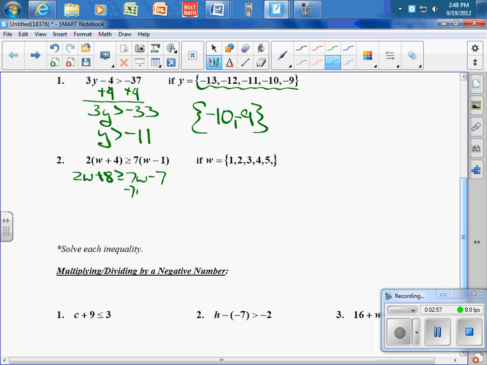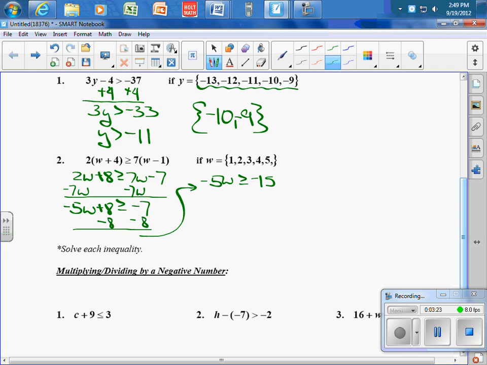So I'm going to subtract 7w from both sides of the inequality. 2w minus 7w is negative 5w. Bring down the plus 8, greater than or equal to, and we have negative 7 left over on the right side. Subtracting 8 from both sides, we get negative 5w is greater than or equal to negative 15.